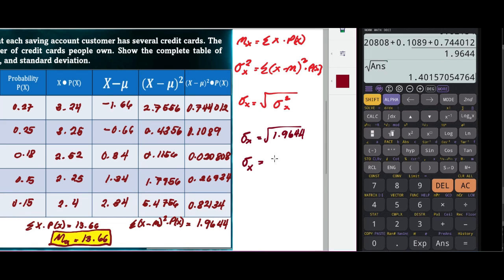So, that will be 1.4016 kasi round up na siya. So, ito na yung ating standard deviation. Okay, so ang ating variance is 1.9644. Okay.